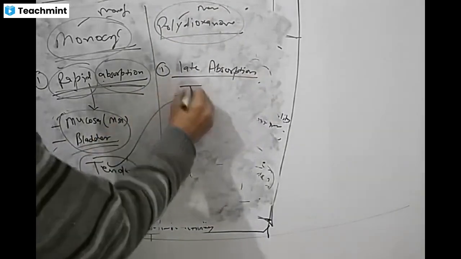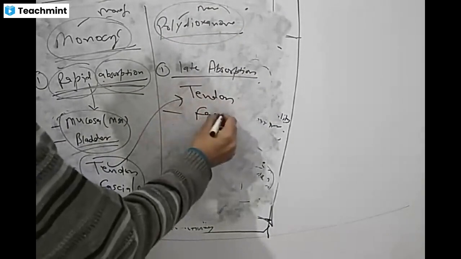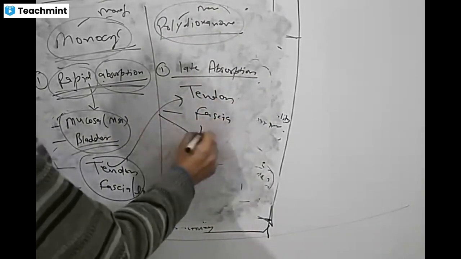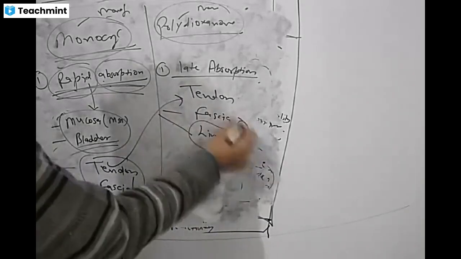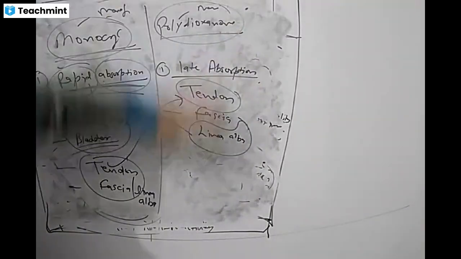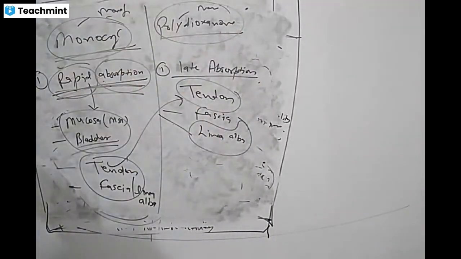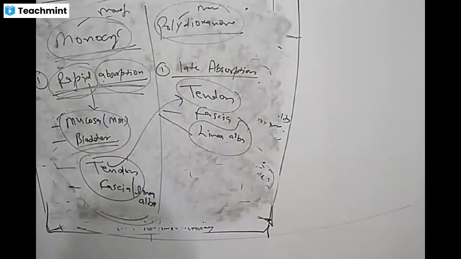So we can use this material for tendon, fascia and linea alba, because linea alba and tendon have less blood supply, so the healing will be slower. They need a material with late absorption in that tissue.